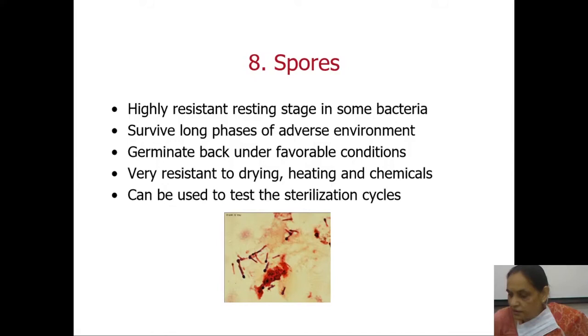They need very high temperature, and the autoclave must reach up to 121 degrees centigrade. So if you keep the spores as a challenge in your cycle of autoclaving, if these spores get killed, that means you have achieved the temperature. And mostly Bacillus stearothermophilus is one example of very thermal resistant spores. So this is just one example. We use spores for all other sterilization cycles also.